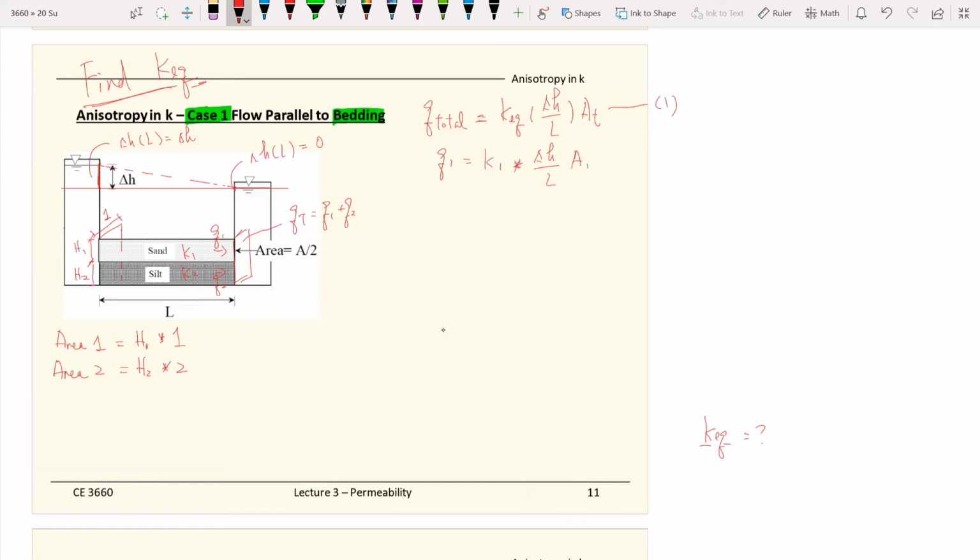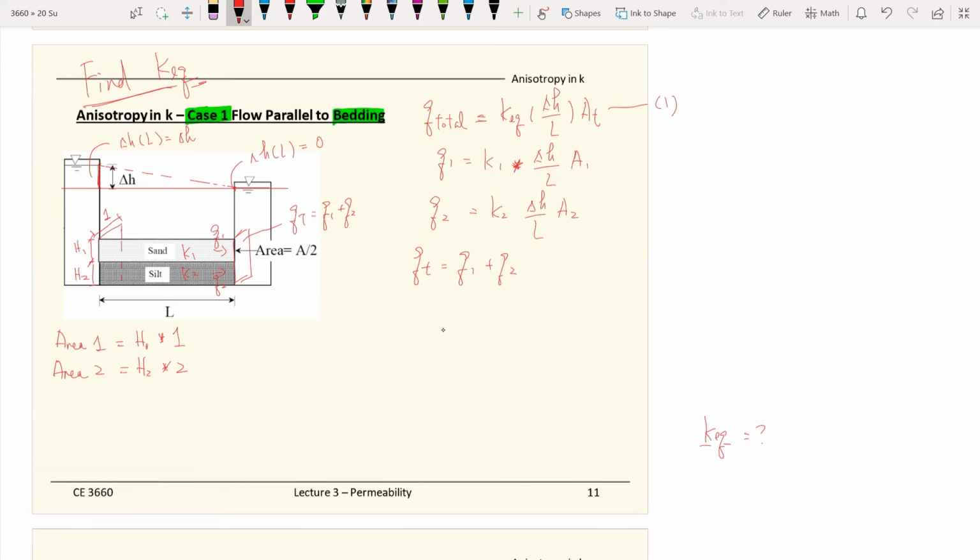Oops, this is multiplied. And Q2 will be equal to the hydraulic conductivity of the silt layer times the delta H divided by L, times the area A2. We have the same head drop, so delta H is a constant. And we know the total amount of flow will be equal to Q1 plus Q2.